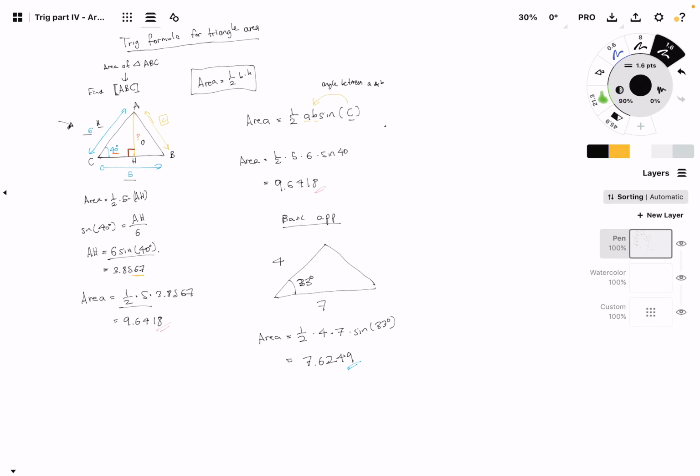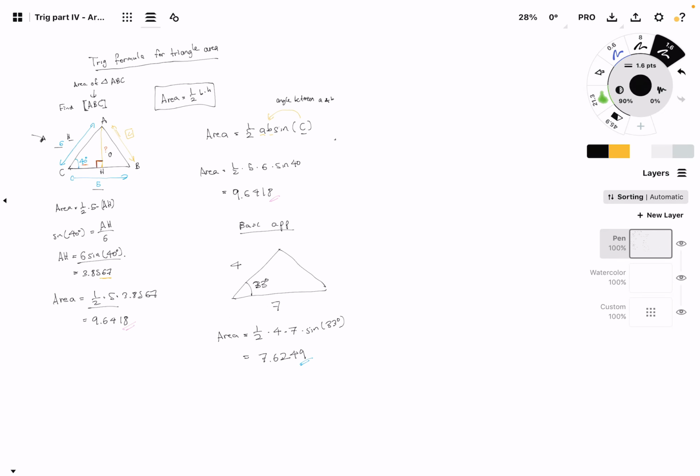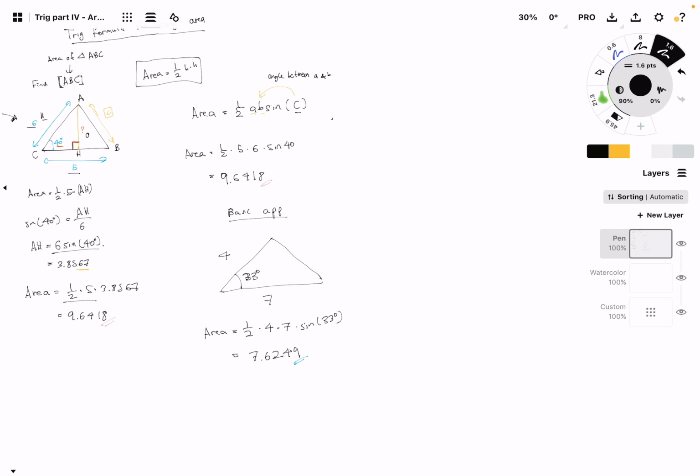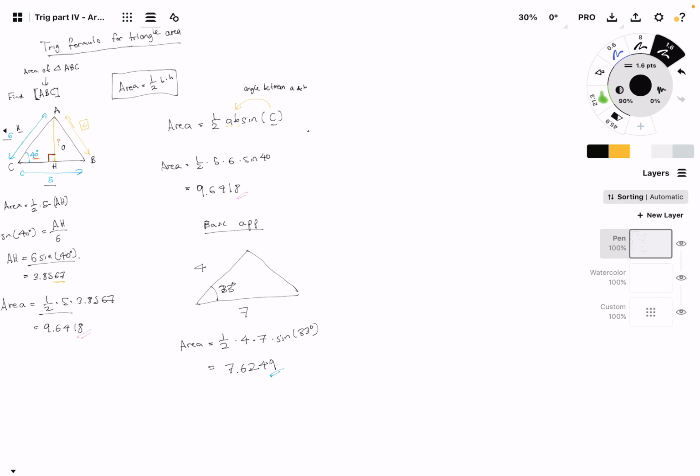But we can also use the area to find a side length or an angle. Let's say we know the area of a triangle. Let's do something else. Call this x.